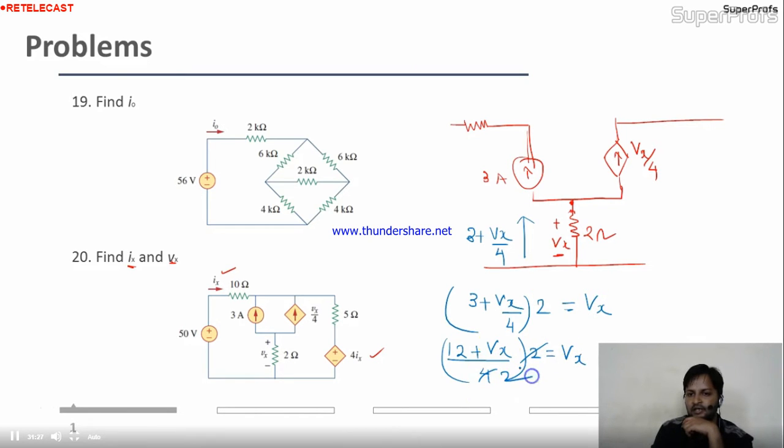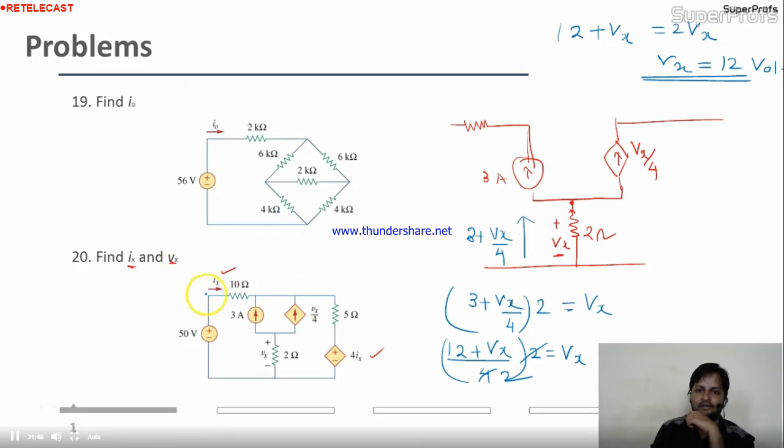So finally, the value of Vx: here I am writing 12 plus Vx equal to 2Vx. So Vx equal to 12 volt. So I get the first one. Vx is nothing but 12 volt.